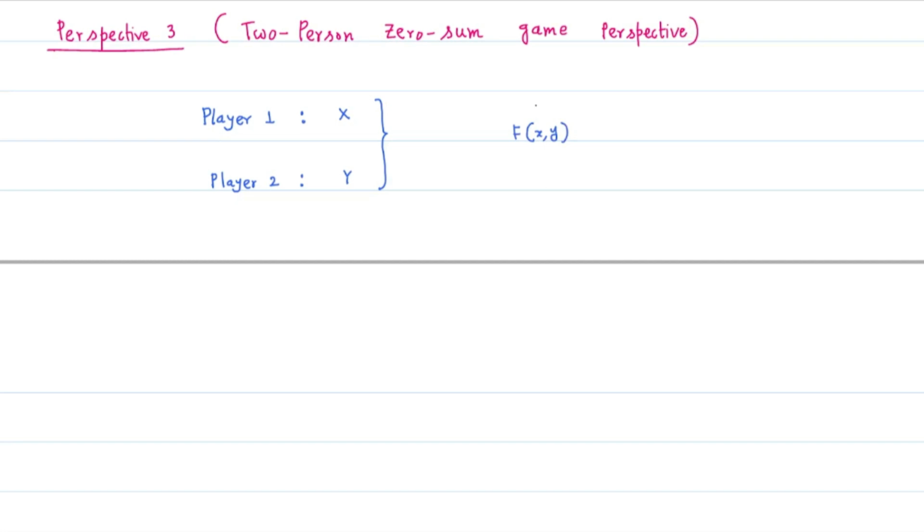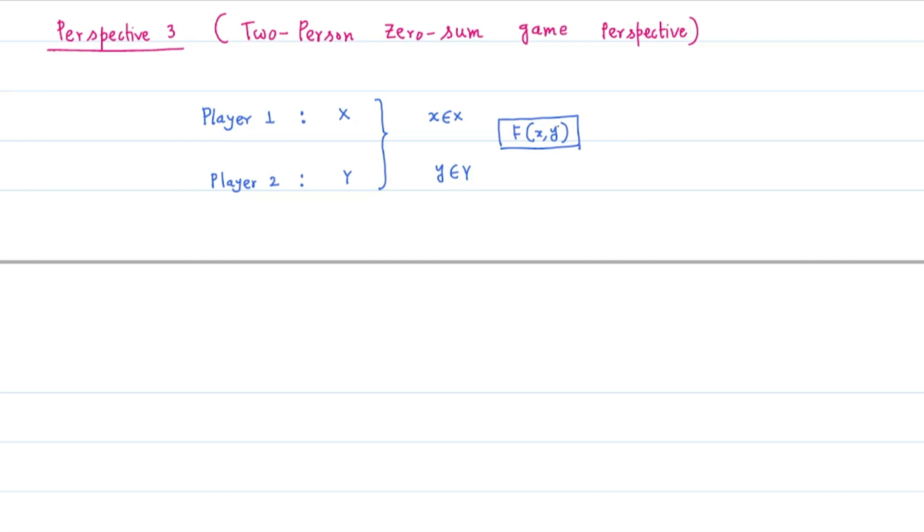The value of the payoff function for this game is determined in the following manner: if player 1 chooses the strategy small x inside his strategy set capital X, and if player 2 chooses the strategy, say small y, inside his strategy set capital Y, then player 1 has to pay an amount of f(x,y) to player 2. You might ask here why player 1 has to pay.